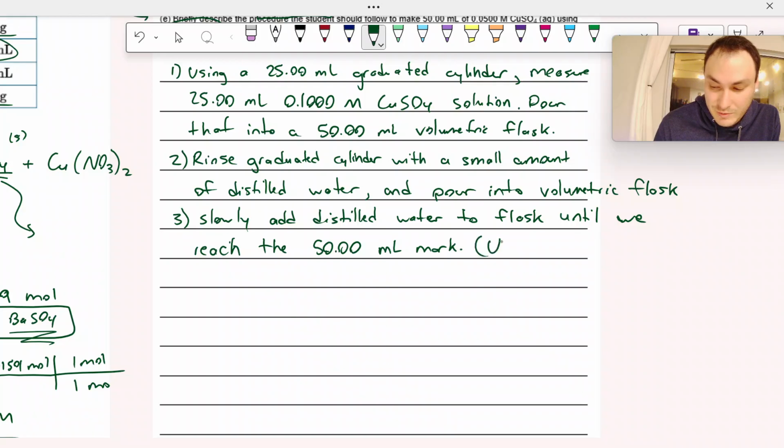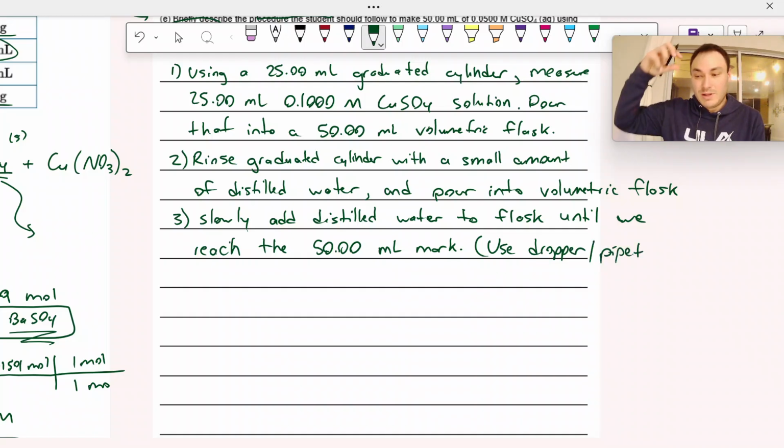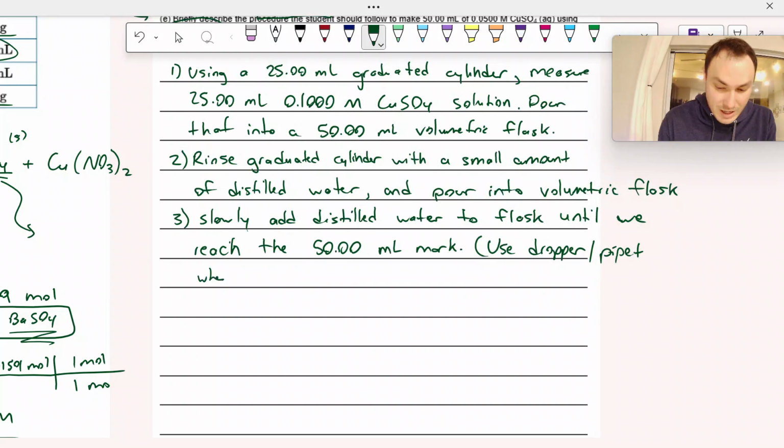And you know what, just for fun, let's say we're going to use a dropper or a pipette, just something to go drop by drop when we're in the neck, which is the skinny portion of the flask.